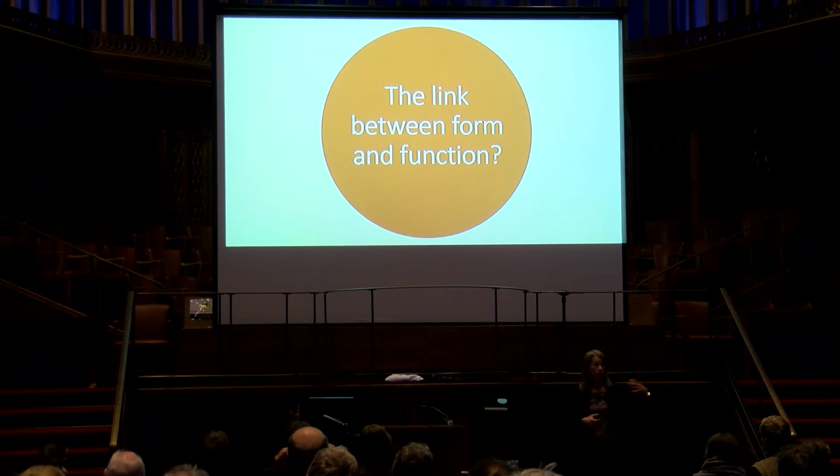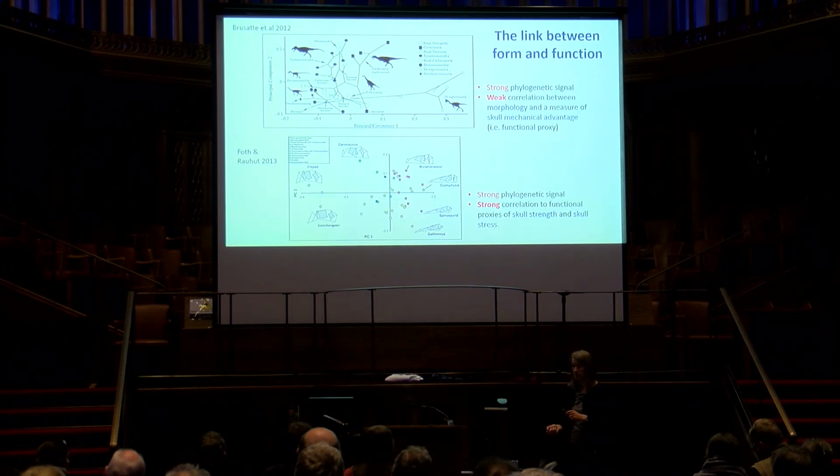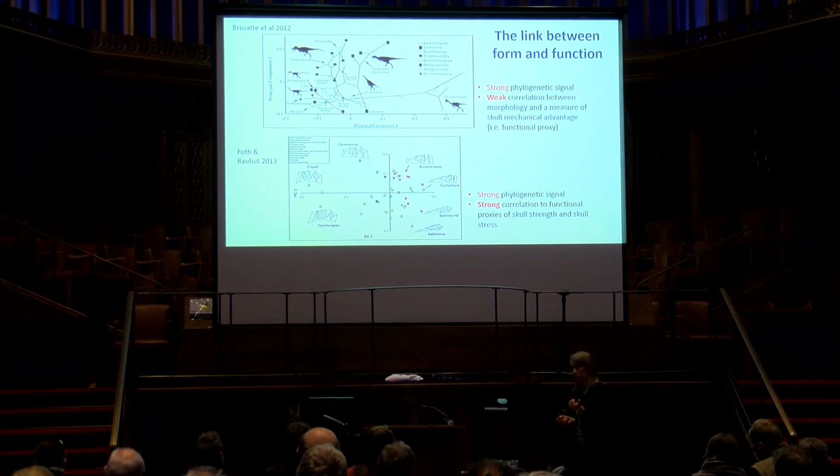So we've quantified form, and there are ways in which we can quantify function, although there's still a long way to go in both of those cases. What about the link between those two circumstances? So these two studies here, which looked at variation in shape, actually the Brusatte et al. study found that there was a weak correlation between shape variation and a functional proxy, mechanical advantage.